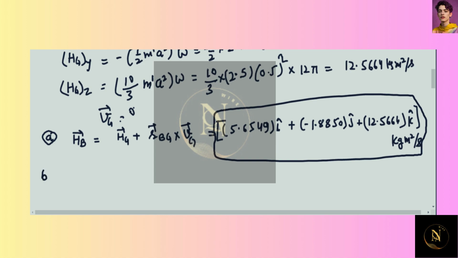Now the answer of part B. We first find the magnitude of the angular momentum about the B point.